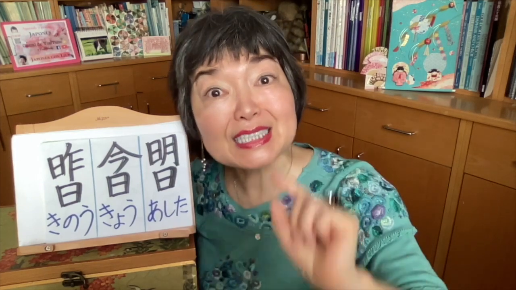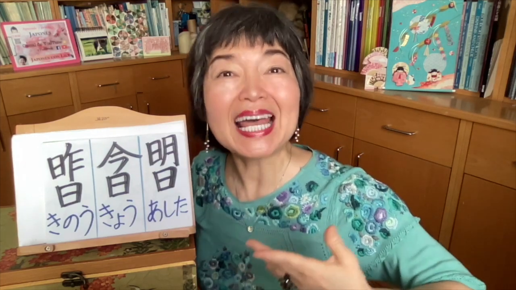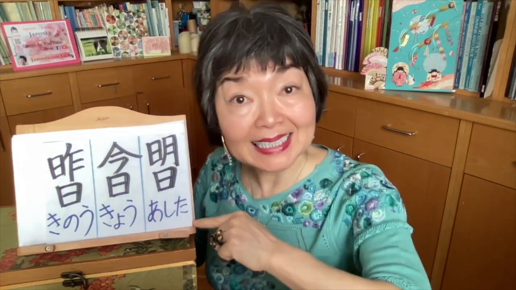Now let's change the same sentence to the future. It means: tomorrow when I come back from school, I'm going to play games with my friend. In this case, this is future, so we use 明日.